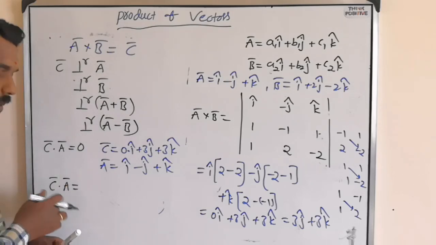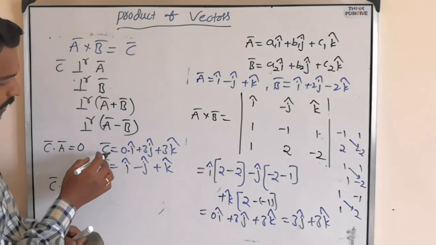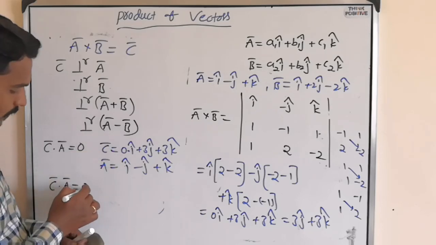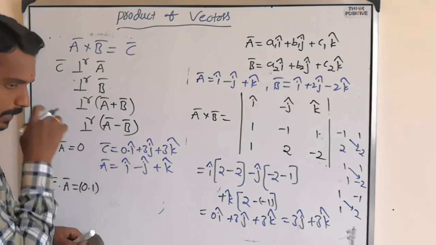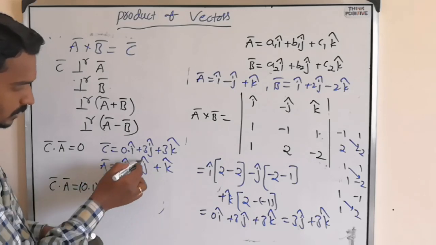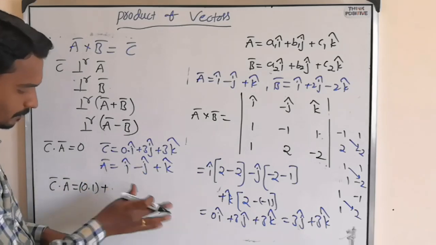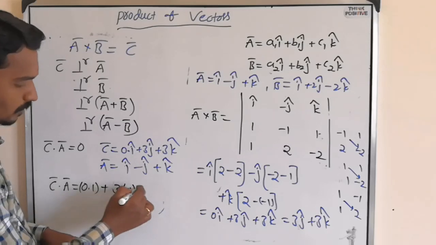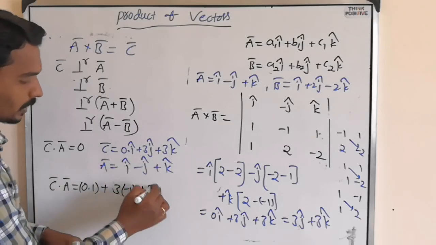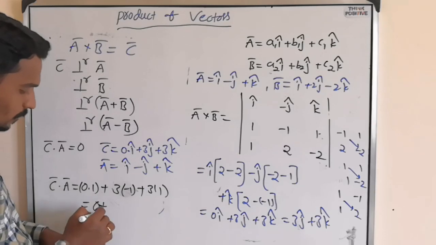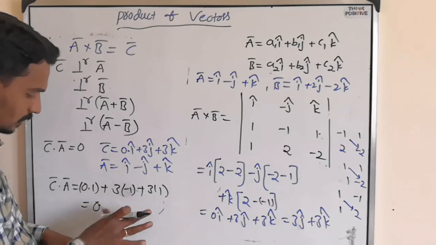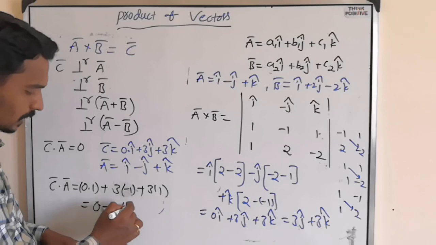So c bar dot a bar equals 0 into 1, because i coefficient into i coefficient, plus 3 into minus 1, or else you write it separately, 3 into minus 1, plus k coefficient 3 into 1, equals 0. This is minus 3, this is plus 3.